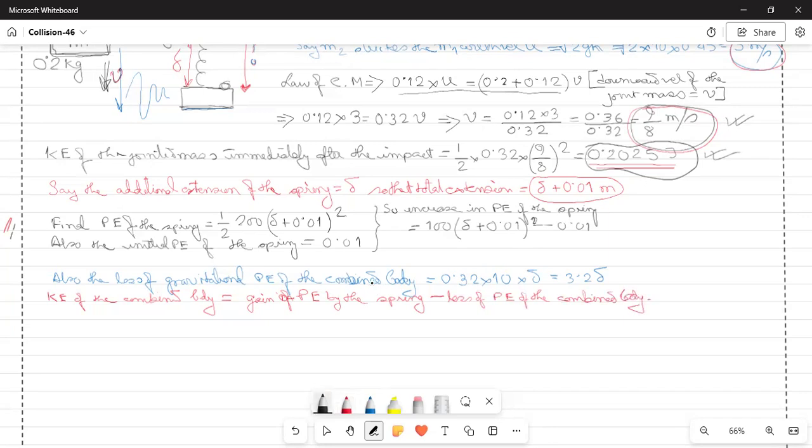Now we have all the figures in front of us, so we just have to put them together.